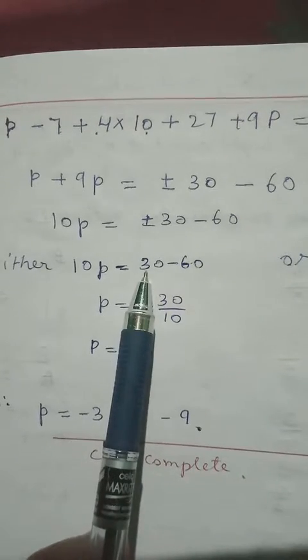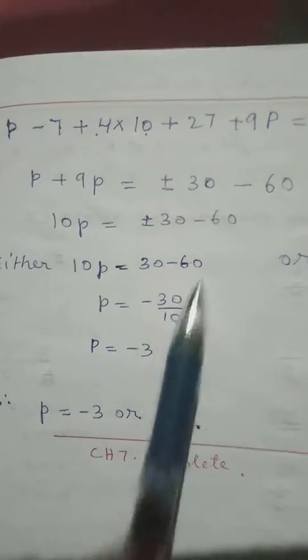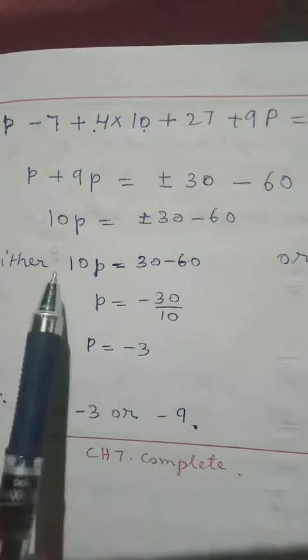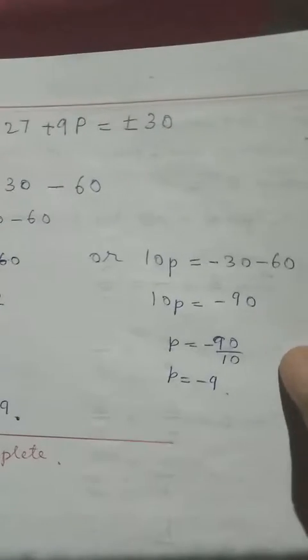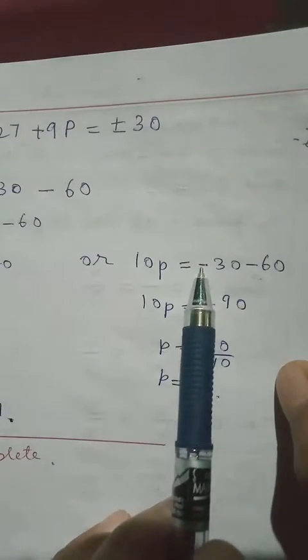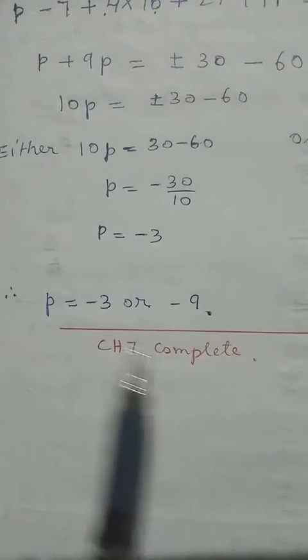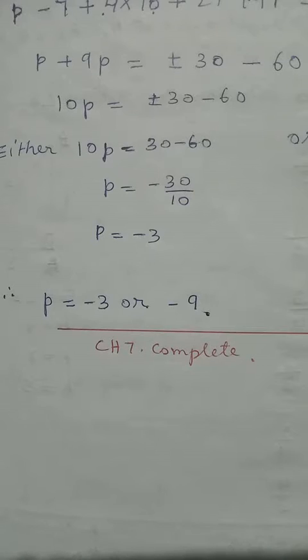If you take plus, it will become 30 minus 60. We get minus 30 by 10 because minus is greater. 10 we bring to this side, it will be minus 3. Then if we take minus, both minus with plus, divide by 10, we get minus 9. So the two values for p are minus 3 and minus 9.